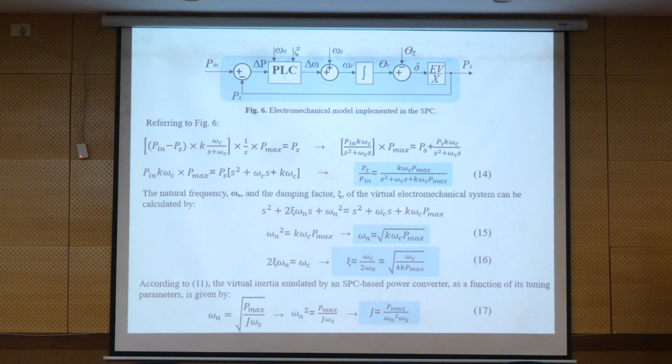So by considering this equation, 2 Kc omega n is equal to omega c, and omega n squared is equal to K omega c P max. So omega n is the square root of K omega c P max, and Kc is omega c over 2 K. By replacing the omega n value, we can reach this equation.